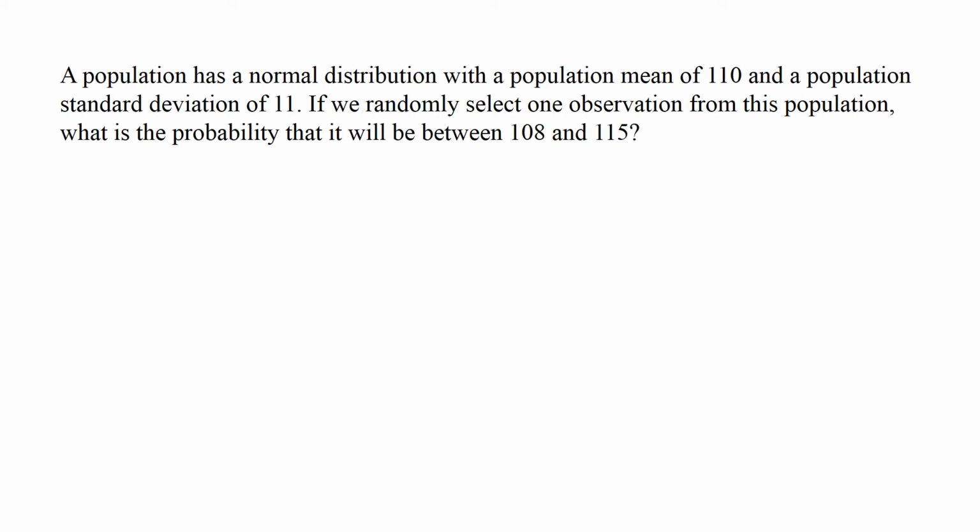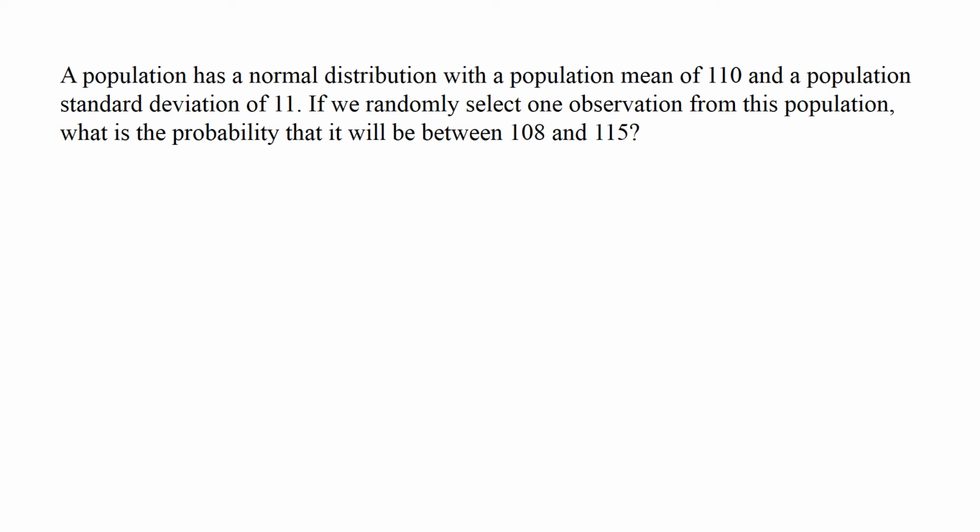One of the 2 points we have is 108. This is less than the mean, so draw a mark somewhere below the mean along the x-axis. The second point is 115. This is greater than the mean, so draw a mark on the x-axis somewhere above the mean. The area between these 2 points is the answer.